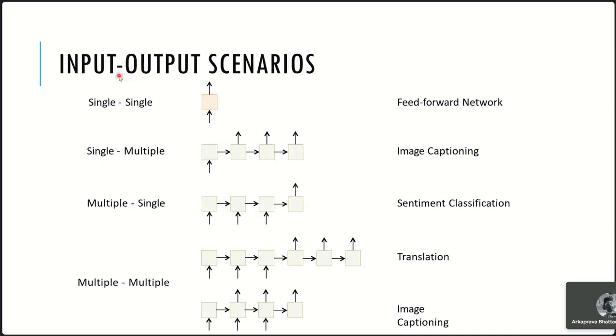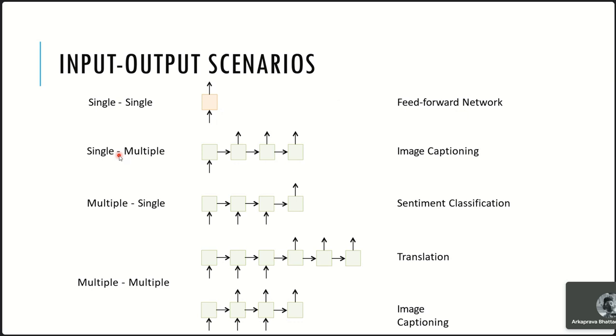Now, let's talk about the applications. Applications are mainly dealt with in terms of input-output scenarios. If we have a single input and a single output, that means a single X and you get a single Y, then that is called a feed-forward network.